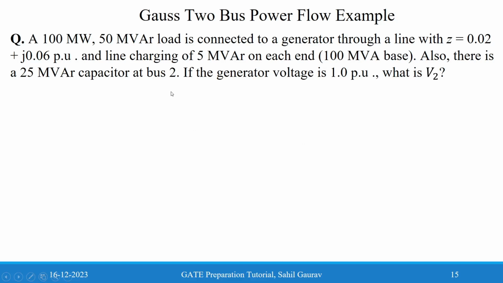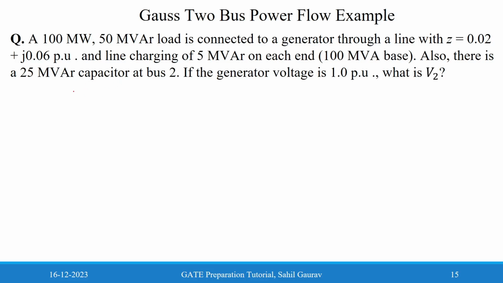Here the question is that a 100 megawatt, 50 MVAr load is connected to a generator through a line with Z equal to 0.02 plus j0.06 per unit, and the line charging of 5 MVAr at each end, on a 100 MVA base. Also there is a 25 MVAr capacitor at bus 2. If the generator voltage is 1.0 per unit, what is V2?